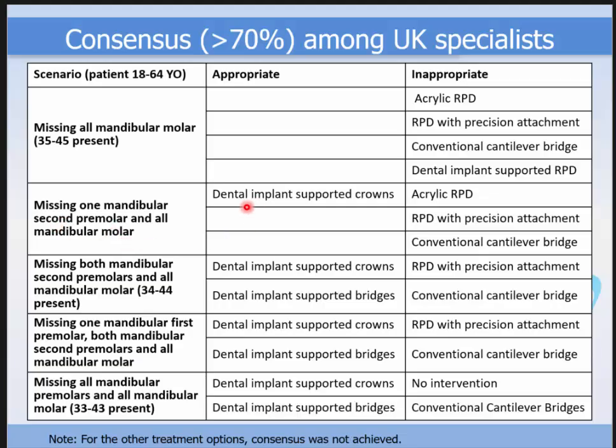They think that implant supported crowns are an appropriate treatment plan for the patients. And as you can see, acrylic RPD is inappropriate, and so on for the rest of the treatments, especially the conventional cantilever bridge.